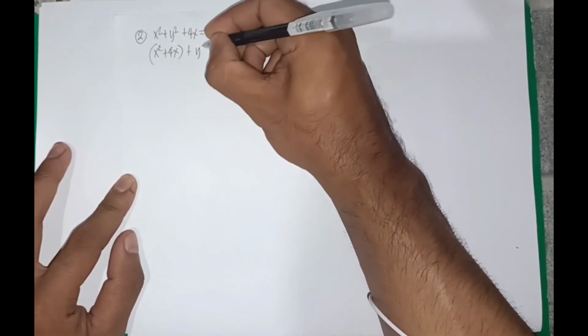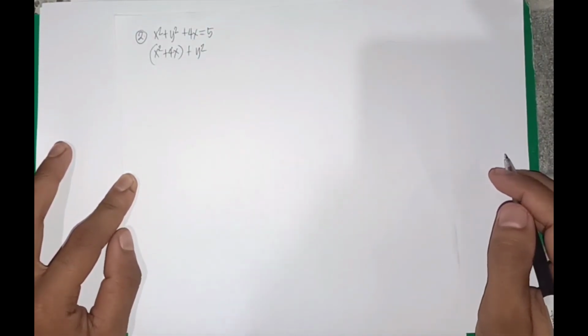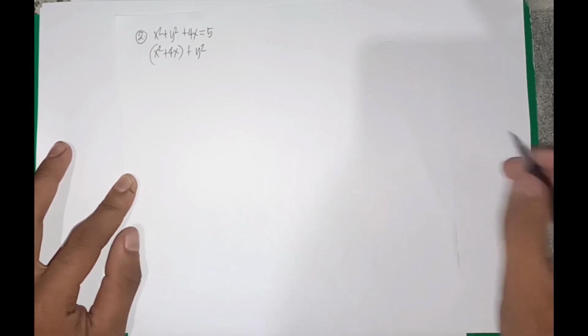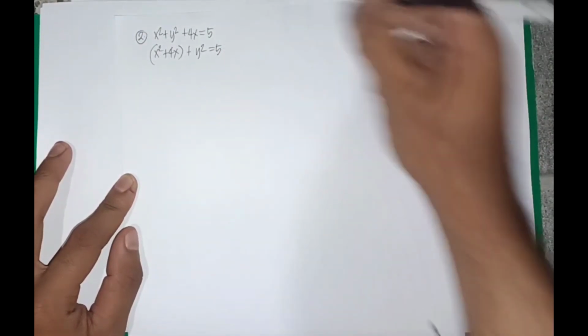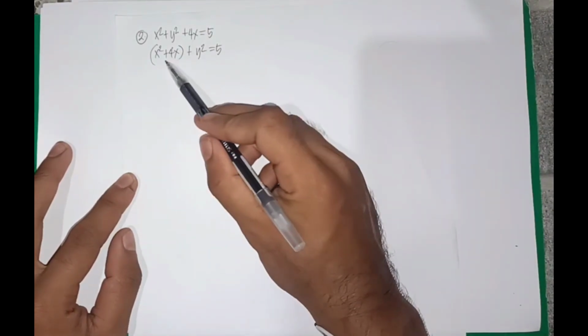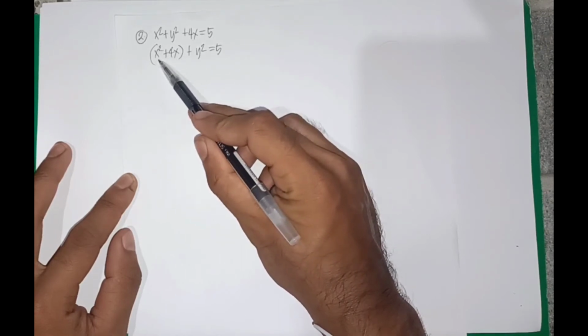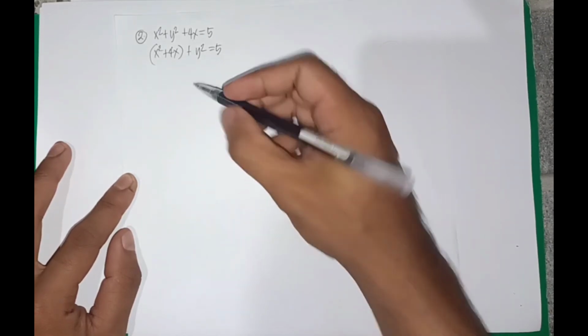So let's have that y squared. We do not need to group because it is only one term. So equals 5. Next we are going to complete, or make, a perfect square trinomial out of this x squared plus 4x.